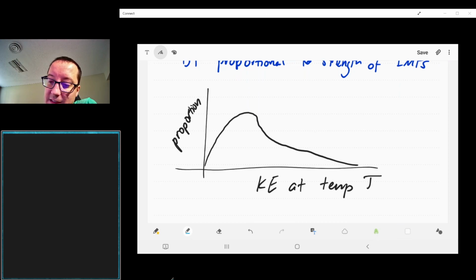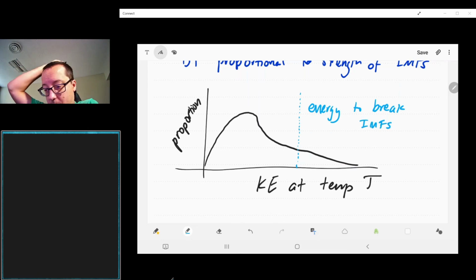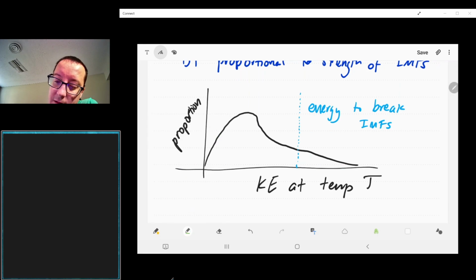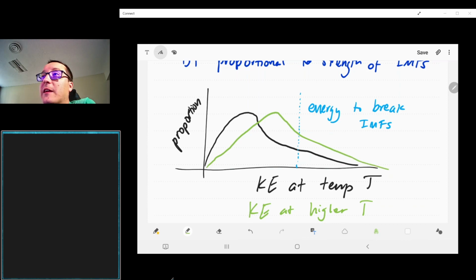And so we're going to see that maybe this amount of energy is what's needed to break the intermolecular forces. Let's just say. If we go to a higher temperature, we're going to see that we shift this graph to the right a little bit.